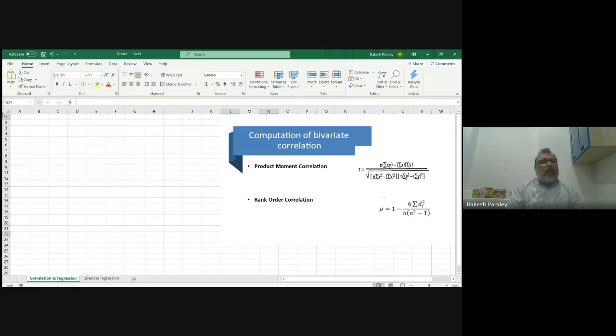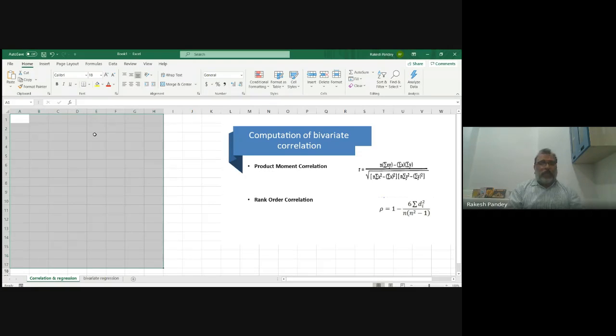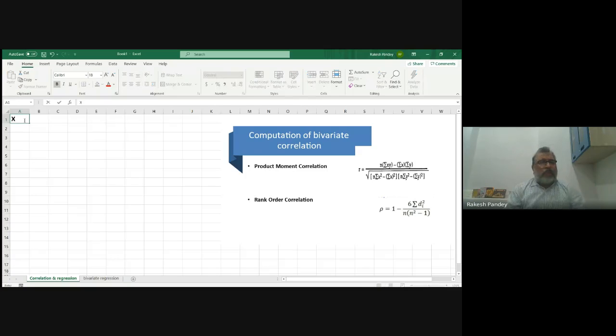Now let us have two variables, and I am increasing the font size and making it bold so that it is more visible. Let us assume that there are two variables, x and y. I am putting just a few scores, say x is 10, 13, 9, 6, 12.